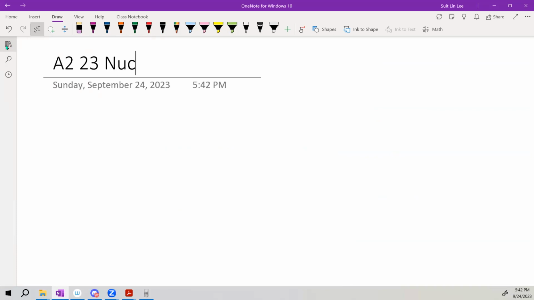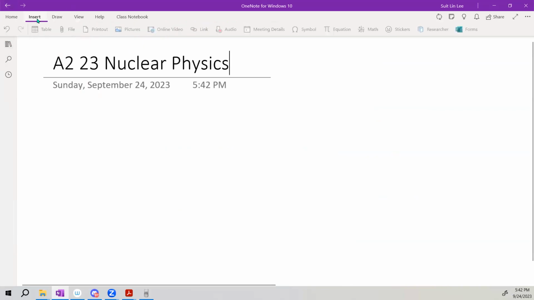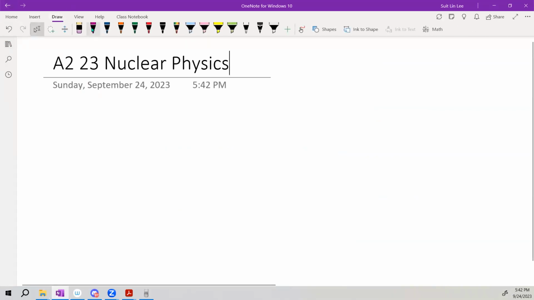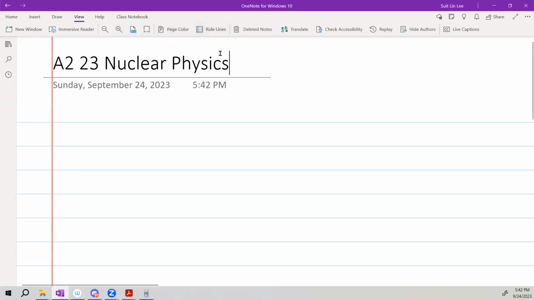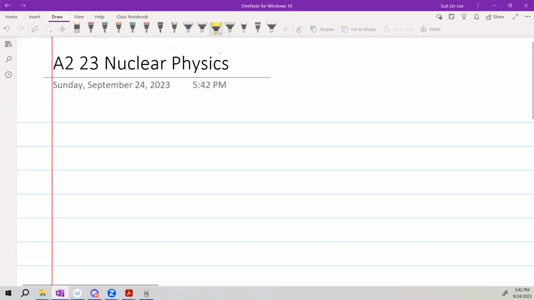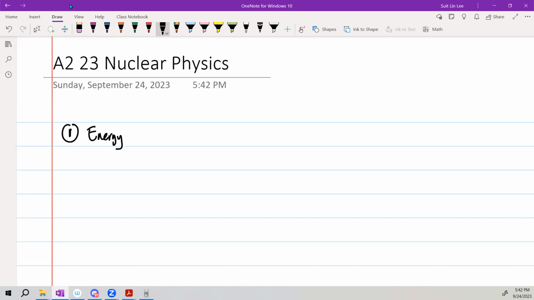23. Nuclear physics. For nuclear physics, the thing that is new is not the equation E equal to mc squared, but more the idea of binding energy. The first one we're going to look at is the energy stored in the nucleus, aka binding energy.